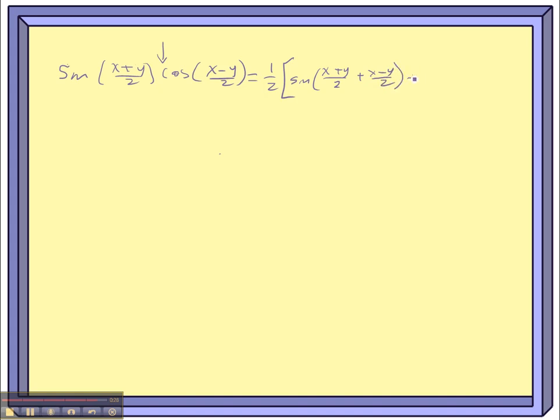Plus, now I'm going to do the same thing except take the difference of the two angles. Sine of x plus y over 2 minus x minus y over 2. Bracket. Keep simplifying this down. Here we go. So bring down my 1/2.